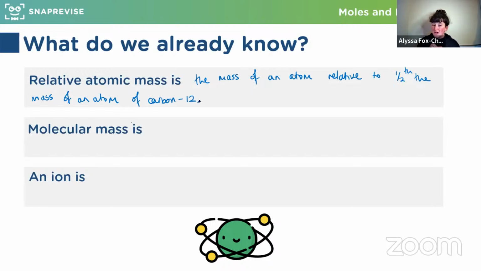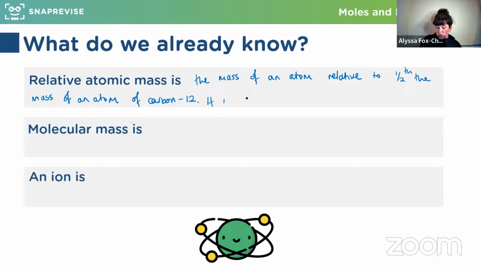And then I also have to get in there that it's an average, or a weighted average mass. So you could put the weighted average mass of an atom relative to 1/12 the mass of an atom of carbon-12. You don't have to say an atom of, you can just say of carbon-12.